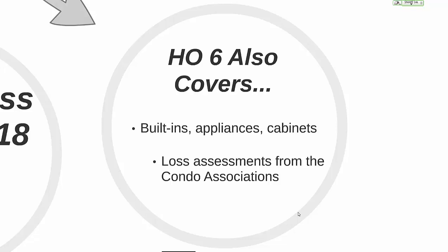Nearly every townhome or condo has a condo association that pays for things like fences and pools and any common areas of the condominium or townhome. When there is a loss to those common areas, generally the condo association will assess the homeowner. HO6 covers those assessments.